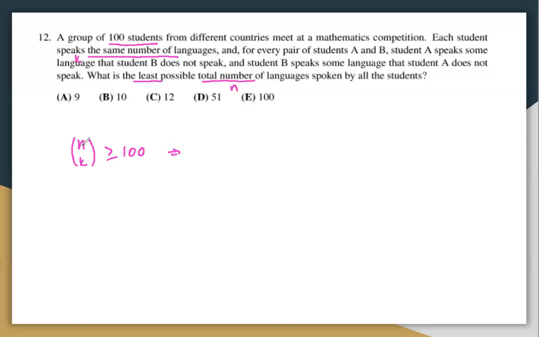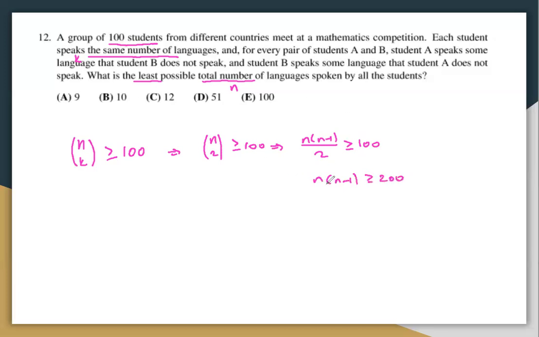From here, you can just start guessing. If k is 2, which is the least we need, then n choose 2 has to be at least 100. That equals n times n minus 1 over 2, so n times n minus 1 should be at least 200.